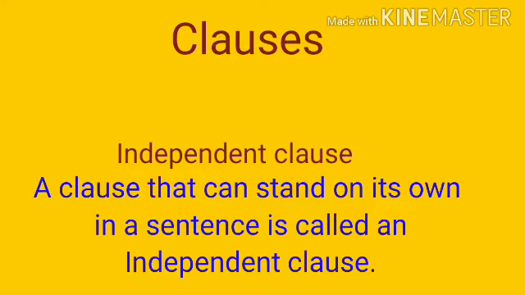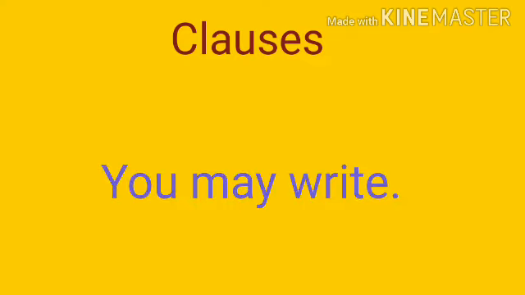For example, you may write. Here, you is the subject and write is the verb. So it has a subject verb combination, and the whole sentence is giving a complete thought by itself. So it is an independent clause.